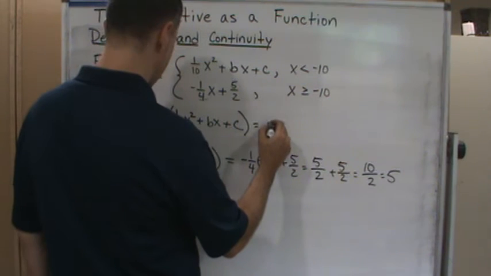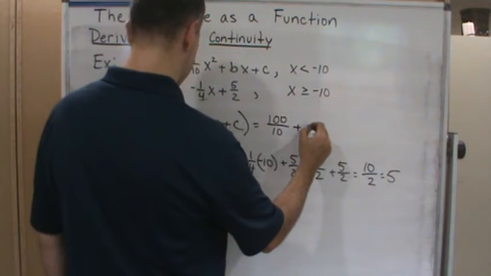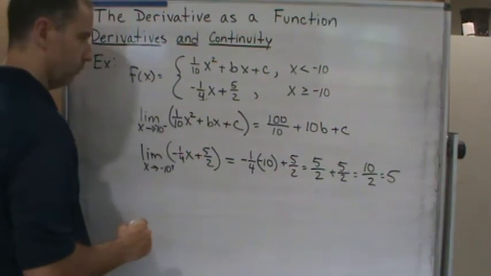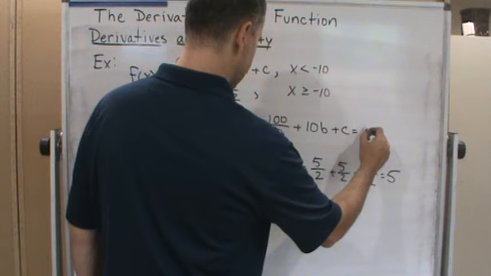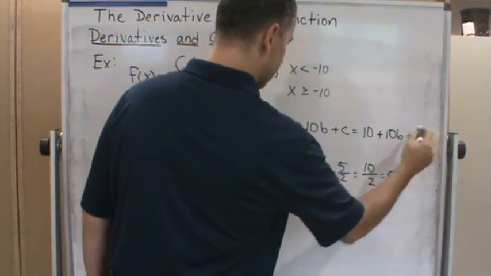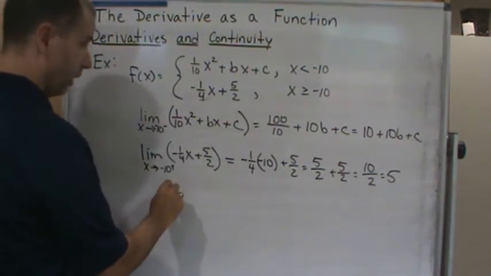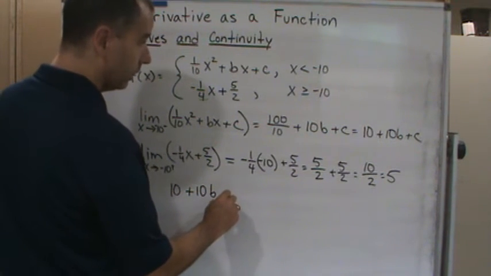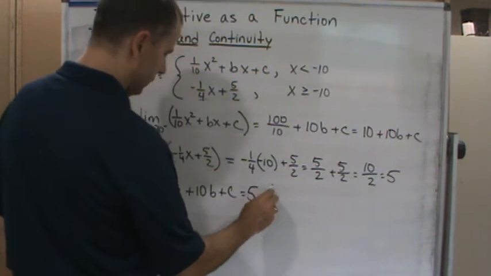This is going to give us 100/10 plus 10b plus c, which equals 10 plus 10b plus c. Now, we need these two to be equal. Let's set them equal to each other. So 10 plus 10b plus c is equal to 5.